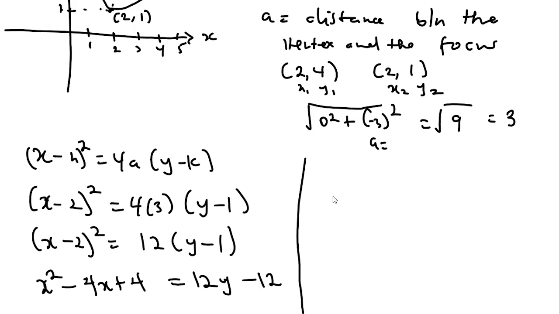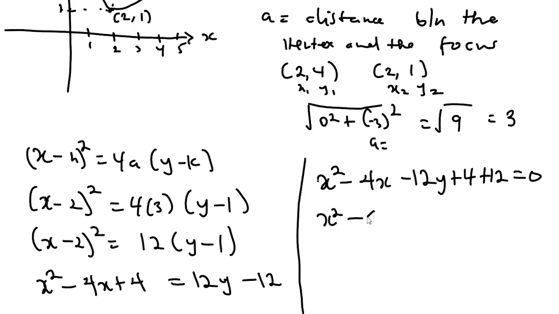We have this part. Let's group them and see. We have x squared minus 4x, then minus 12y plus 4 plus 12 equal to 0. Then we have x squared minus 4x minus 12y plus 16 equal to what?